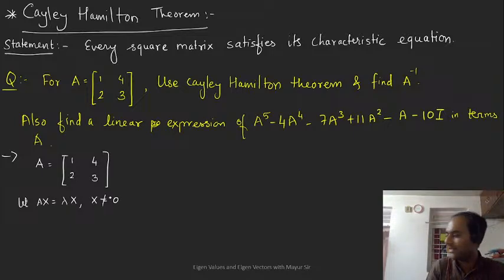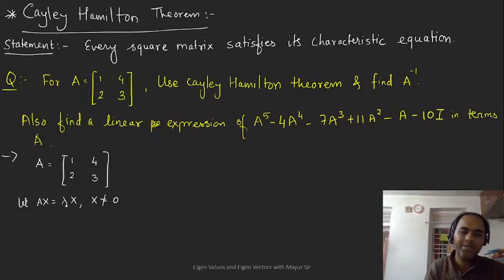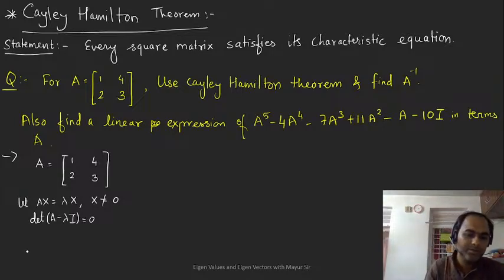You don't have to find the eigenvector in this, okay? Remember, you don't find eigenvectors. This is just a formality over here. So you do determinant A minus lambda I equal to 0. You have to find the characteristic equation.